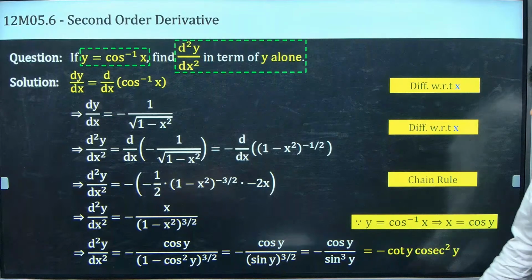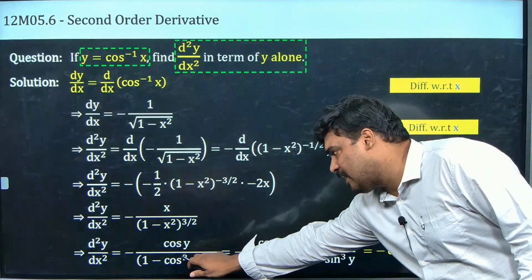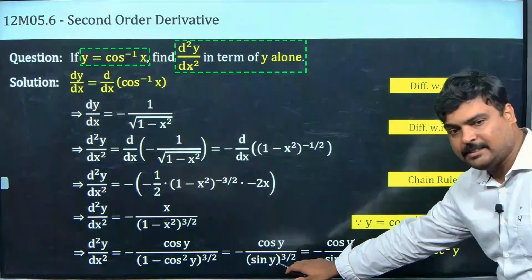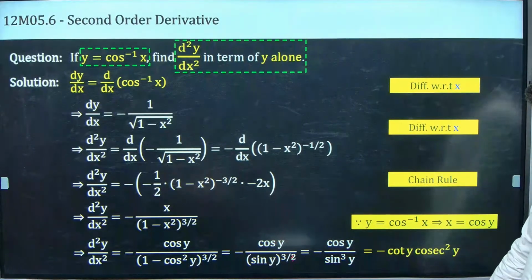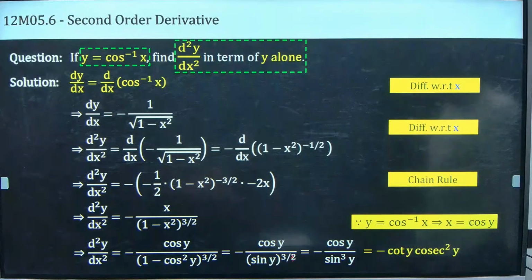See, now this can be changed as 1 minus cos square can be changed to sin square. So sin square 2 by 3 can be changed into what? Square root போட விட்டோம்.